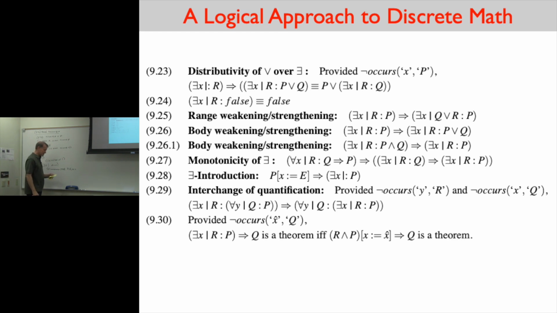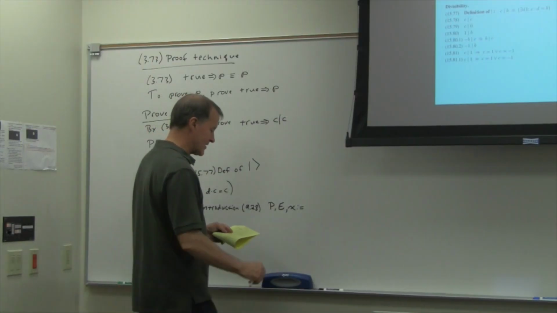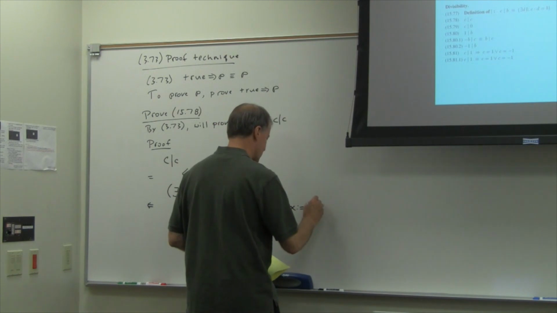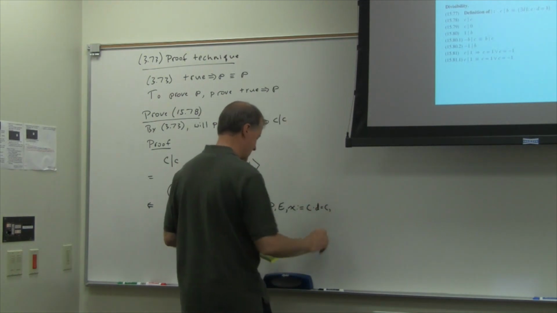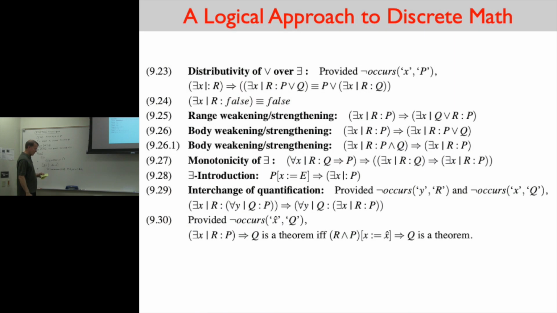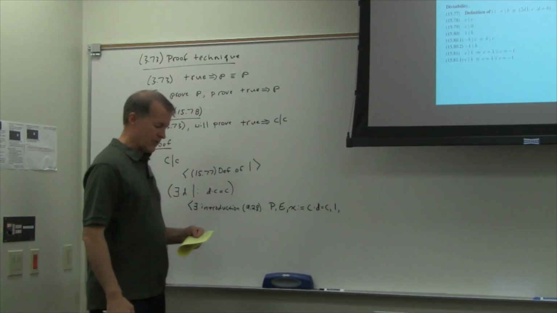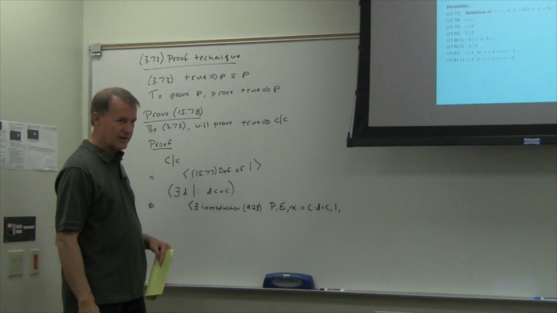The P is the body. C times D equals C, all right? And then for the E, what will that be? 1. And for the X, what will that be?